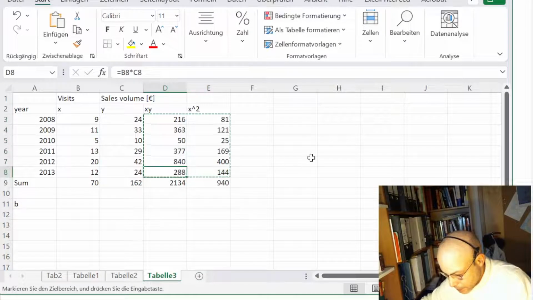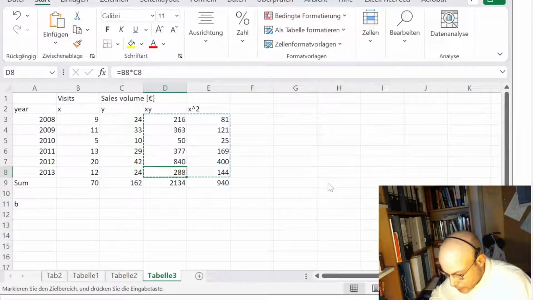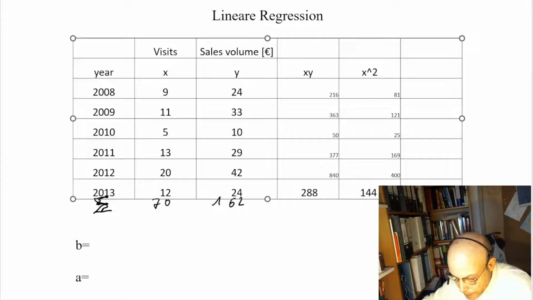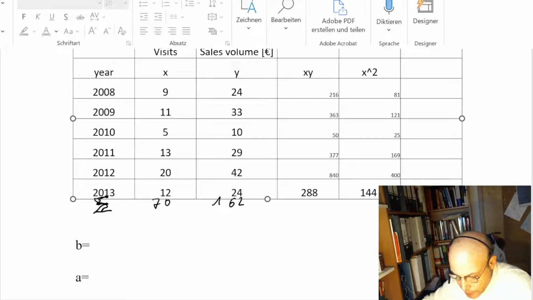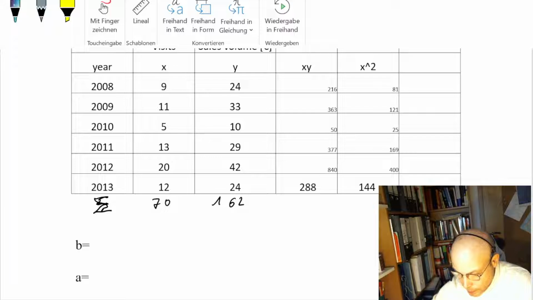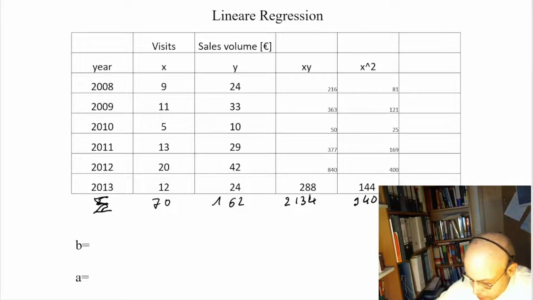Oh, this one is missing. 288 and 144. So 2134 and 940. And we have n is 6 data points, n equals 6.